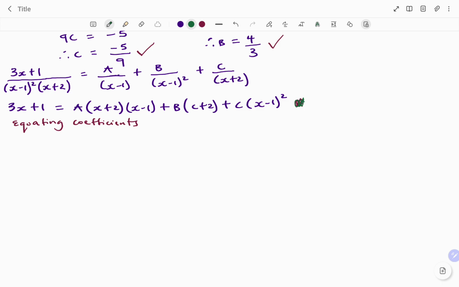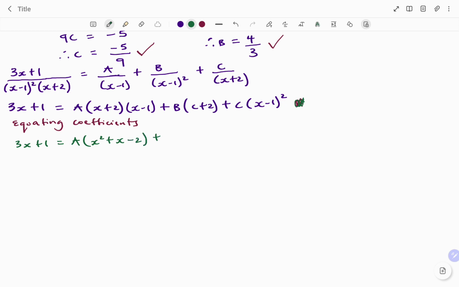I have on the left hand side 3x plus 1. Expanding what I have on my right hand side, I have a in bracket. If I FOIL x plus 2, x minus 1 and multiply it out, I'm going to have x squared plus x minus 2, close bracket.